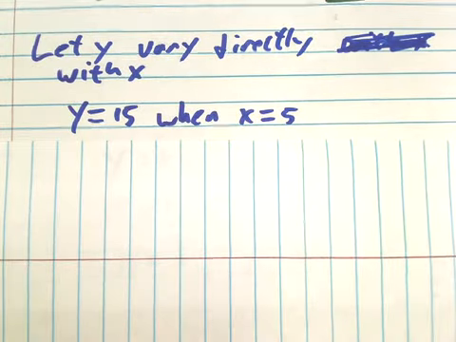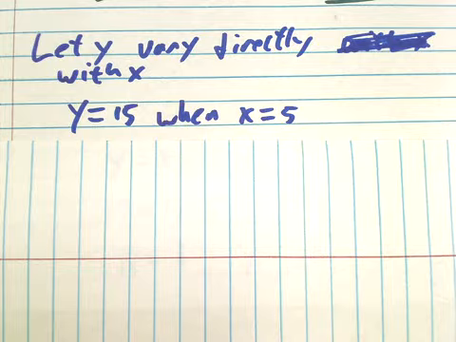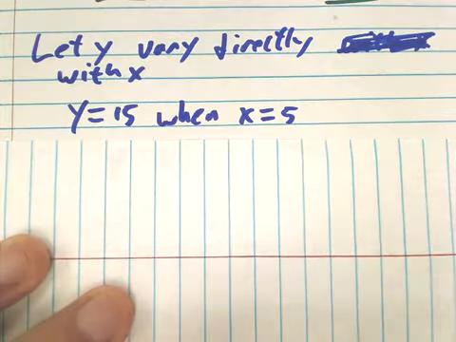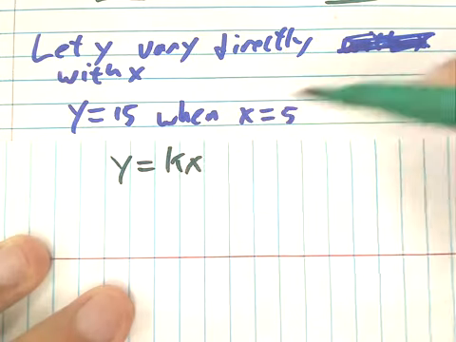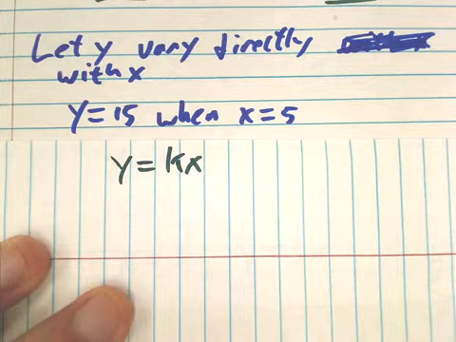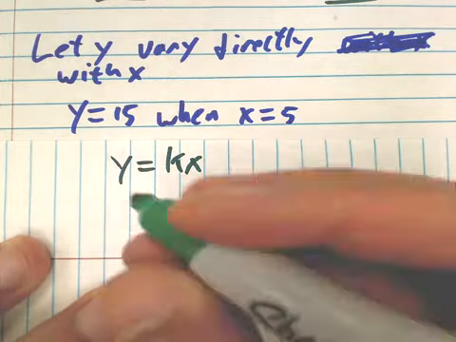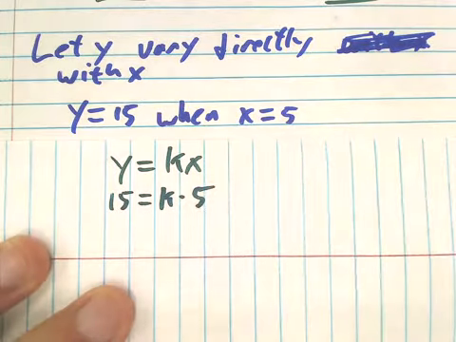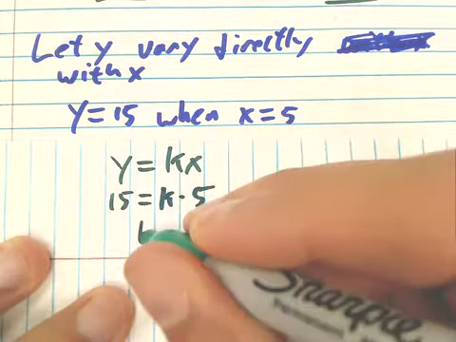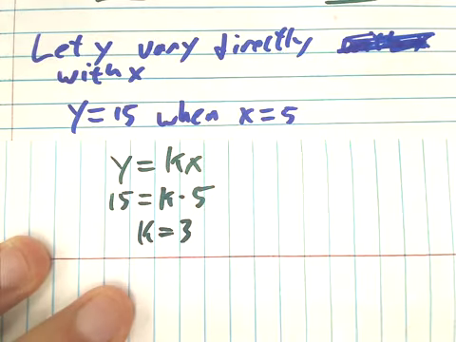So it says let y vary directly with x, and y equals 15 when x equals 5. If you're given instructions like this, let's write out the direct variation equation. Okay, no constant at the end. Plug in 15 for y and 5 for x. And then solve for k. Well, k is going to equal 3 here if I divide by 5.